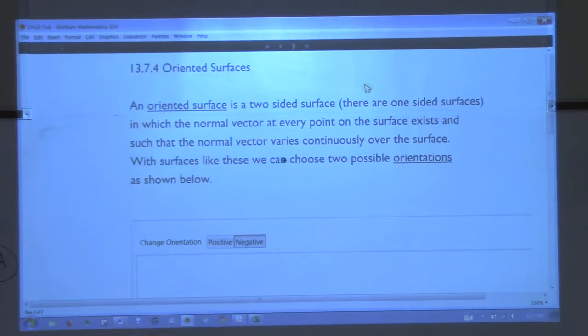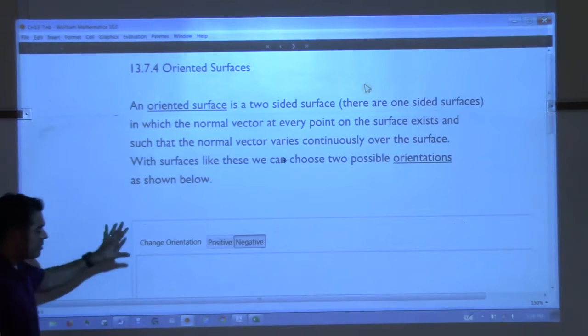Oriented surfaces. This is a good point. This is a good place to stop. So the next thing we're going to talk about.